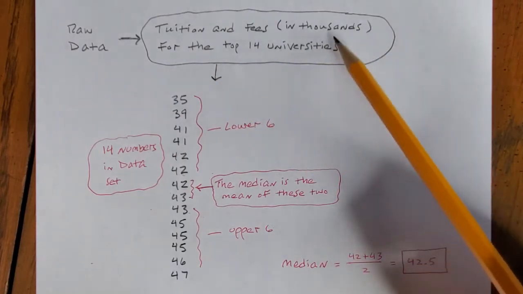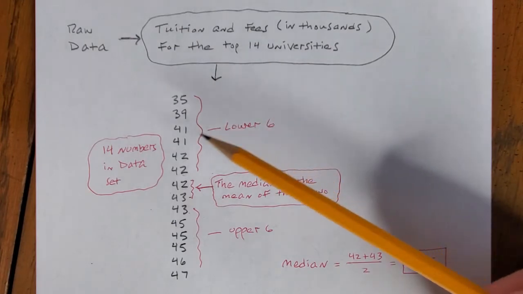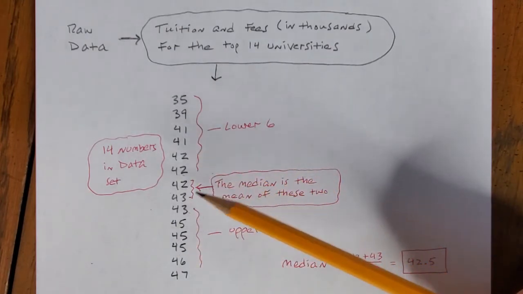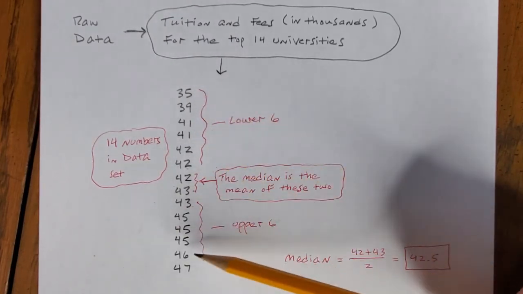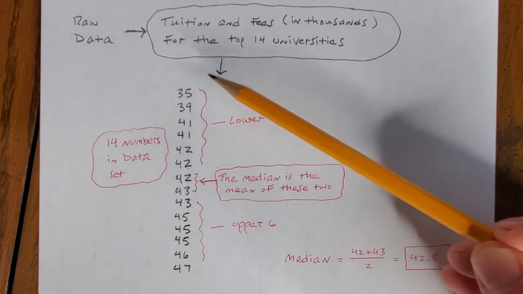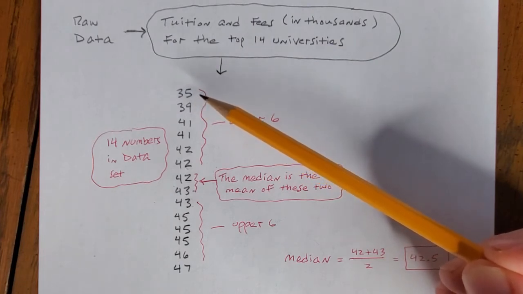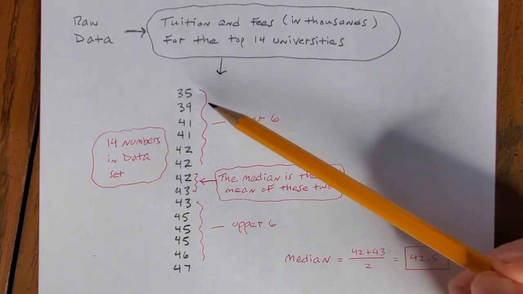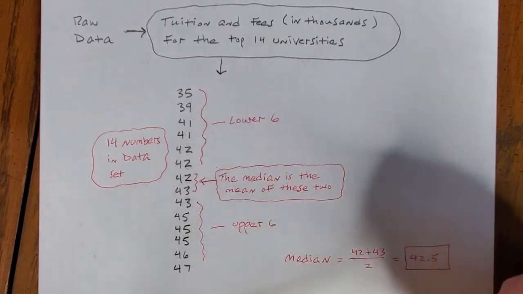When I found this question on my math lab, the data were not ordered, but I used StatCrunch to order them, and then I wrote down that list. The lowest price of the top 14 universities was $35,000 a year. My goodness. Anyway, then 39 and 41, 41, 42, and so on and so forth, okay?